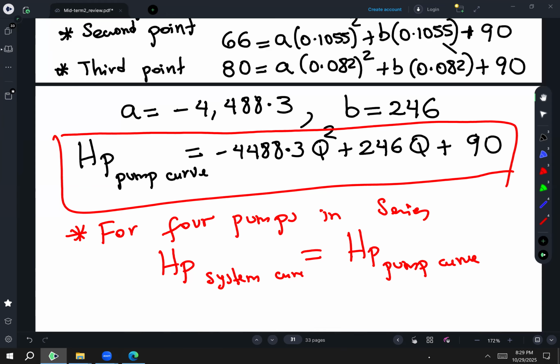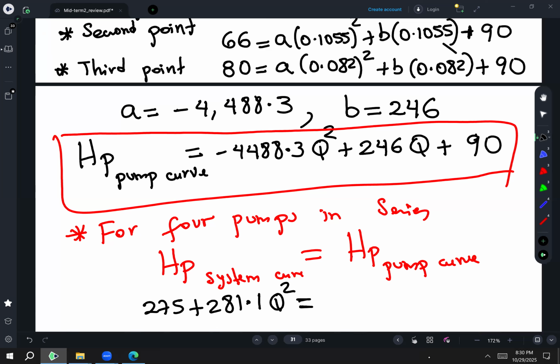Okay, so we can say my hydraulics curve is equal to 275 plus 281.1 Q squared, and that is always fixed. It doesn't matter how many pumps I have, the system curve does not change.